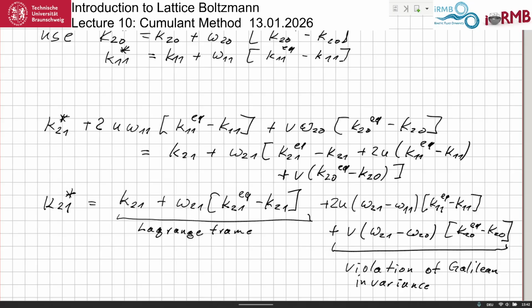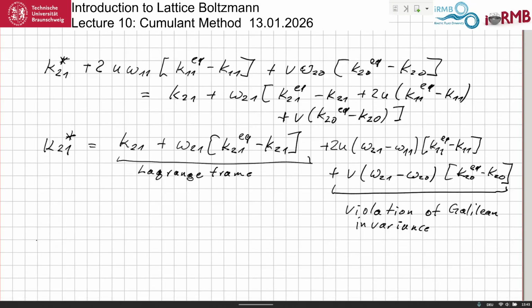We never assumed that there are no further moments going on. We never assumed this, and it's still not Galilean invariant. So even having an infinite lattice with infinitely many speeds, MRT would still not be Galilean invariant due to this behavior. Okay?